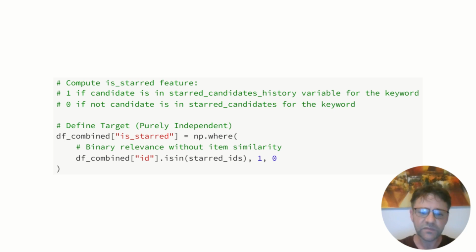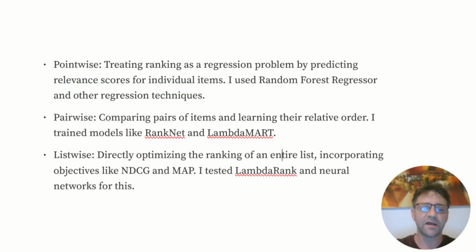We created a few different ways to test the model, and we basically tested three different kinds of models. There's a pointwise model, a pairwise model, and a listwise model.